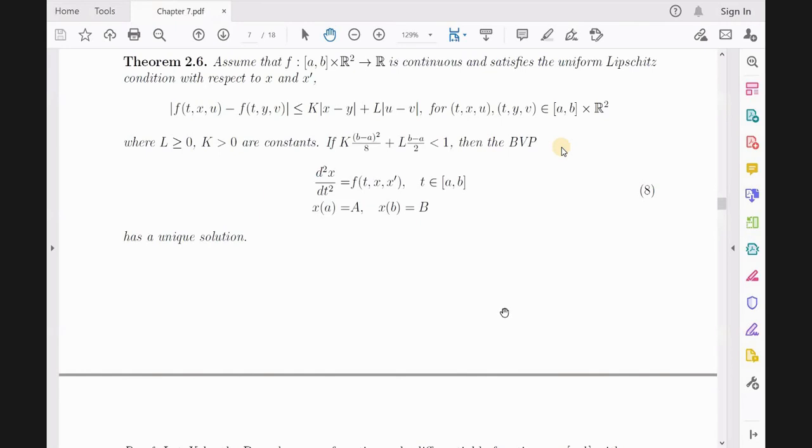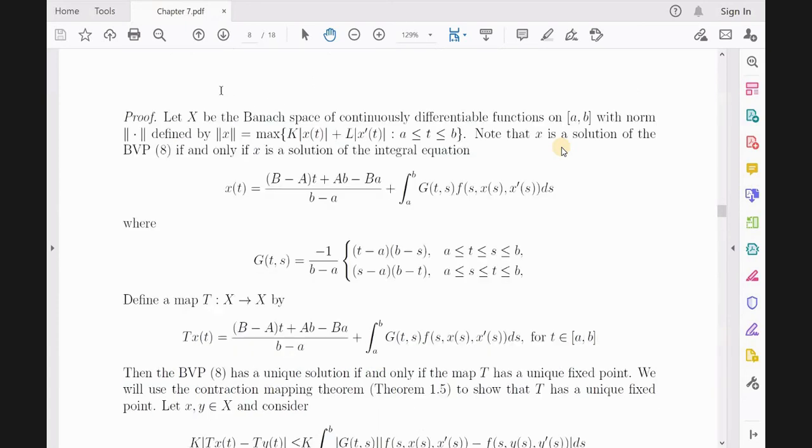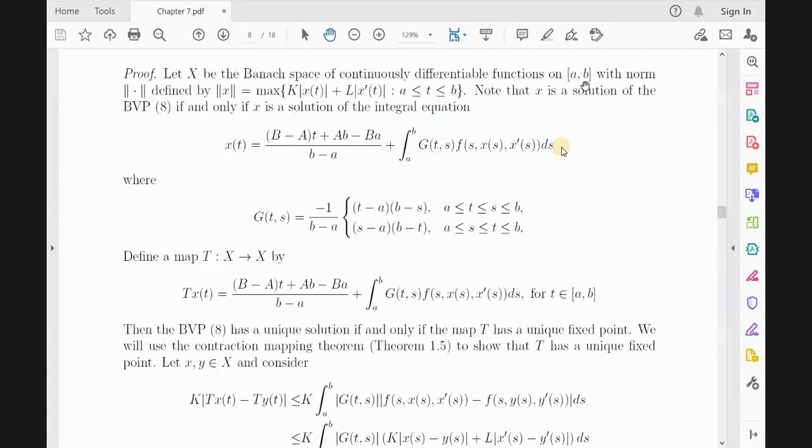Well, see the proof of this theorem. Consider X a Banach space of continuously differentiable functions on [a,b], where the norm is defined as the maximum of k|x(t)| plus L|x'(t)|, with t varying from a to b.